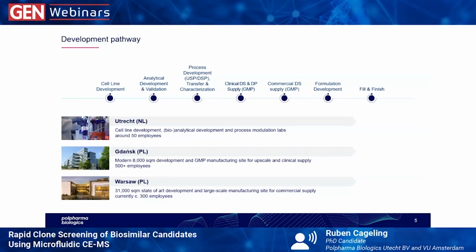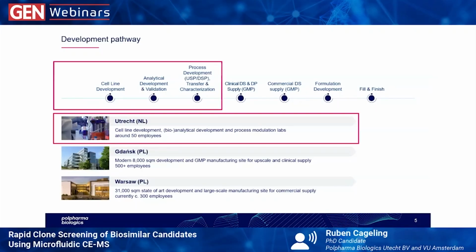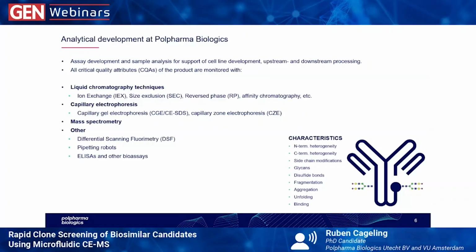in the end, bring it to the patient. So as I said, I worked in Utrecht, and here we are mostly focused on the first 3 steps. And in the analytical department, of course, you need to support all these phases, because when you generate a protein or when you create a monoclonal antibody, it's very important to keep track of the quality of the protein.